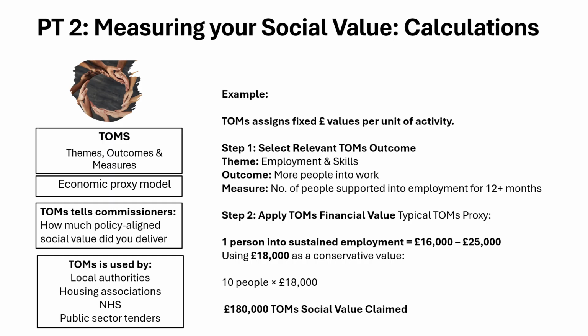So you will either have the commissioner that will itemize this on their social value and say, well, actually, we want X amount of value, or they may stipulate that they want a certain type of, whether it's apprenticeships, full-time, part-time, job retention, job creation, whatever it is. And so you would then look at the type of jobs that you would create and then look at a market value typical for that job type and your salary for that type of job.